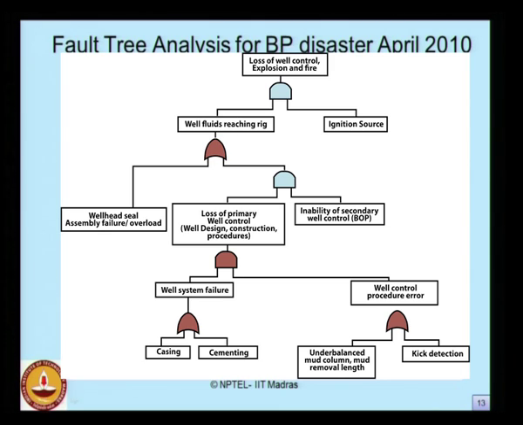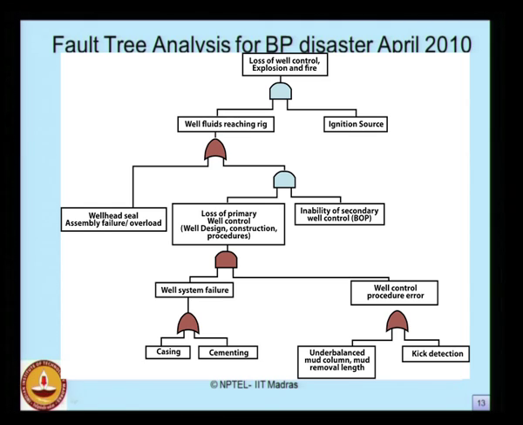The BP disaster could have occurred as a combination of well fluids reaching the rig and an ignition source being present at that time. The well fluids reaching the rig could be due to any one of these events: the wellhead seal assembly has failed, or loss of primary well control, or instability of secondary well control and BOP. These combine to have the well fluids reaching the rig.